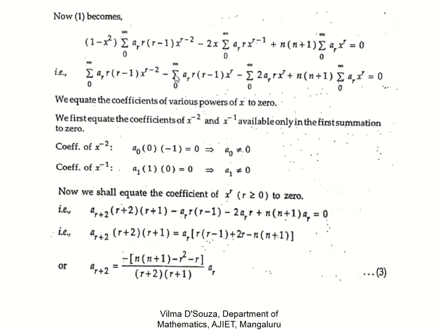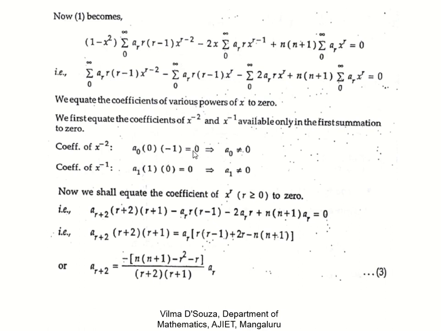Now, as usual, we equate the coefficient of various powers of x to 0. First, the coefficient of x power minus 2. When you put r equal to 0, the lowest power here is minus 2. So the coefficient of x power minus 2 is a naught into 0 into minus 1, which is equal to 0.